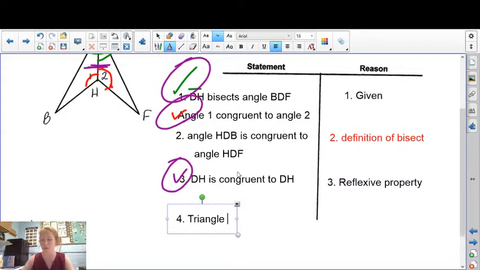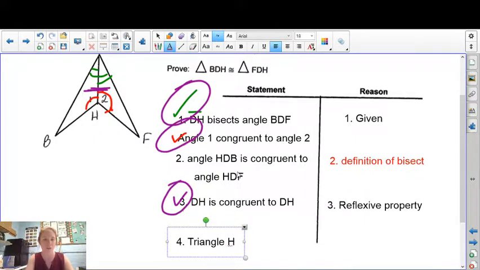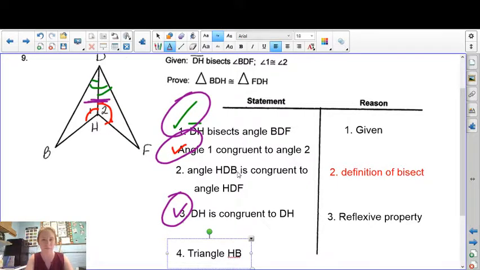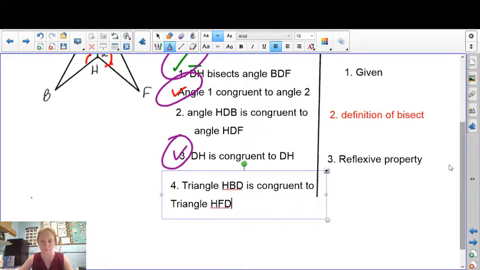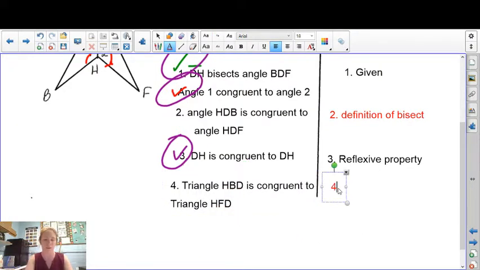Let's start with H, H to B to D is congruent to triangle H to F to D. Sorry, now I'm typing and writing in two different spots. And the reasoning is that we used angle, side, angle.